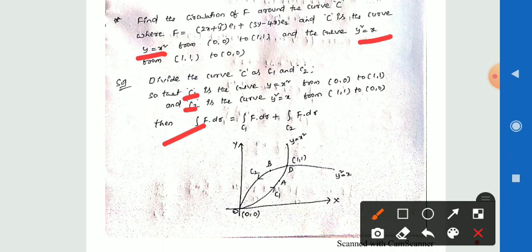By seeing the diagram, here this is the x-axis, this is the y-axis, and I have drawn y equal to x square and y square equal to x.